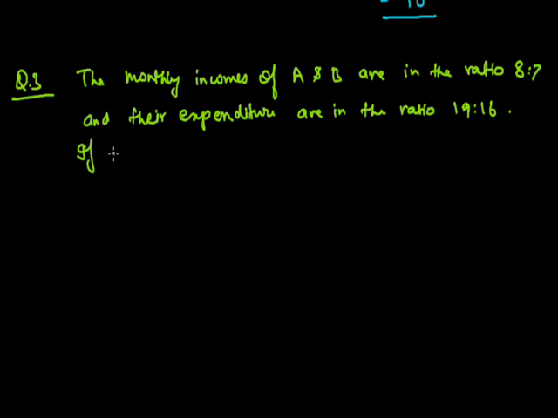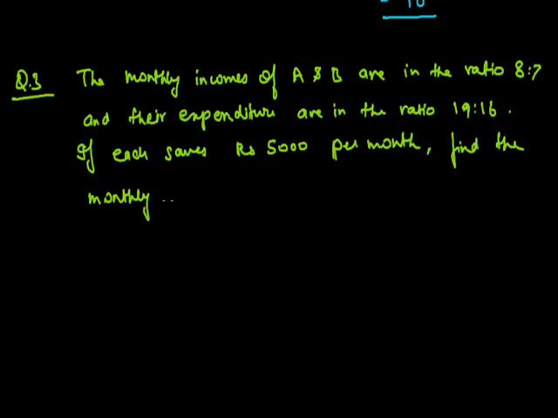So if each saves rupees 5,000 per month, then find the monthly income of each.